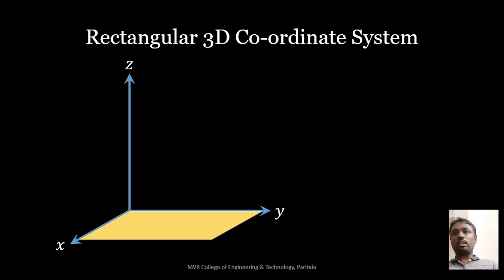So this plane is called the xy plane, and it can also be called the z equal to 0 plane.